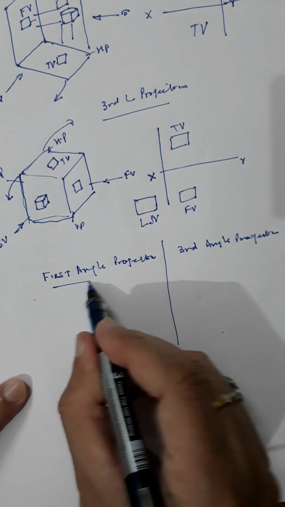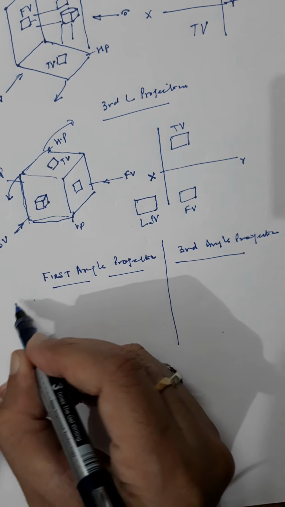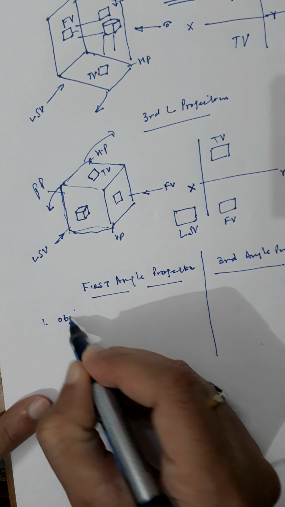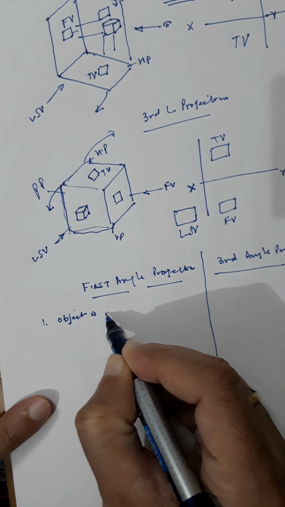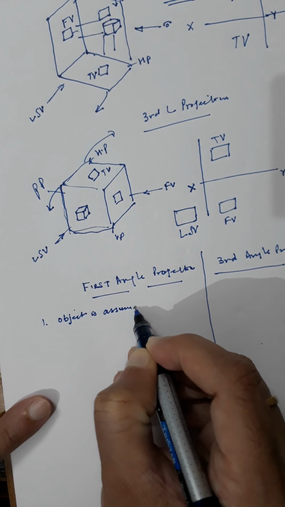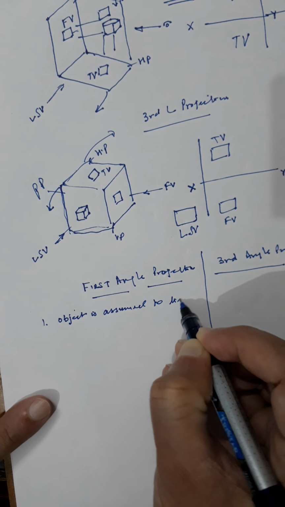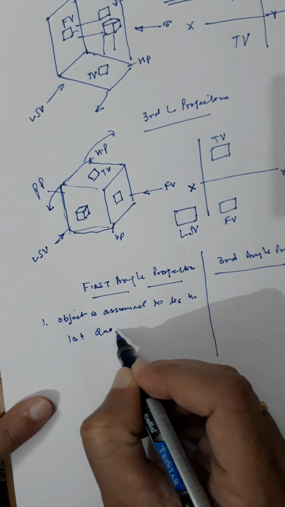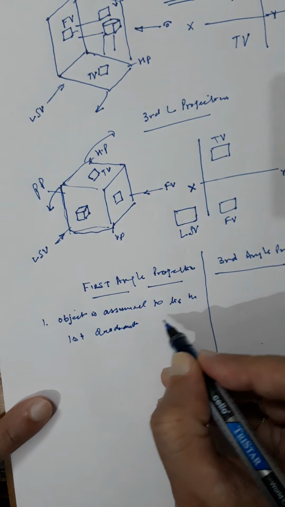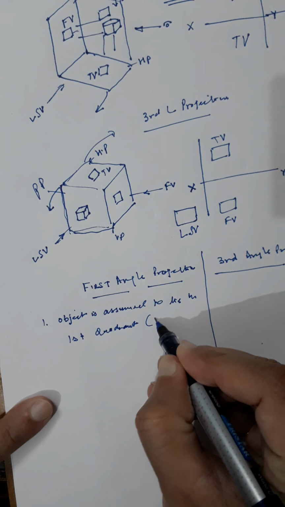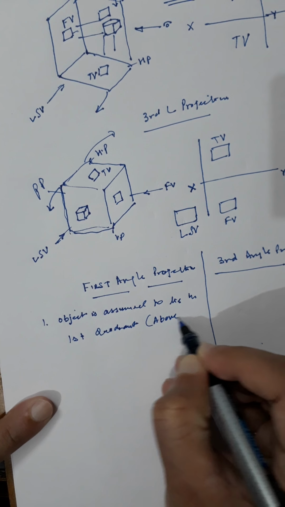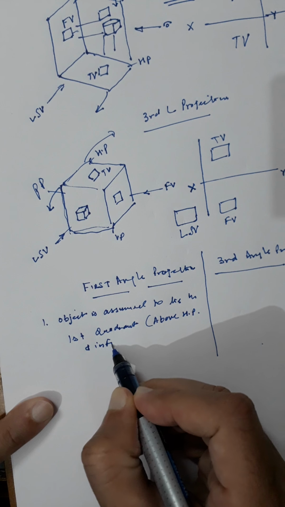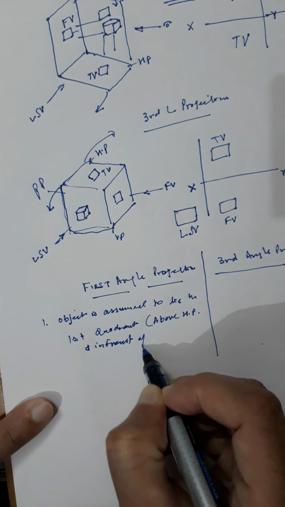Number one: in the first angle projection, the object is assumed to lie in the first quadrant, that is above HP and in front of VP.